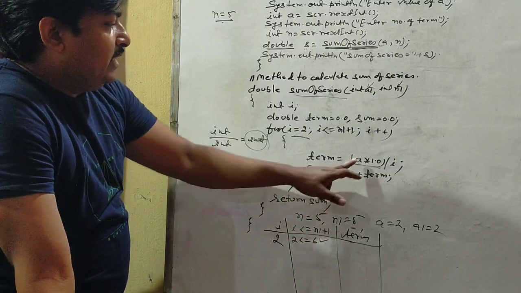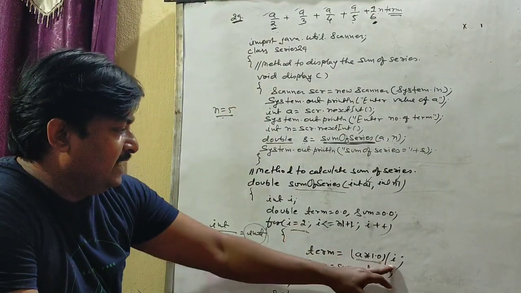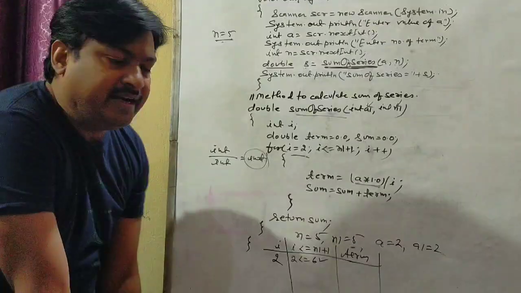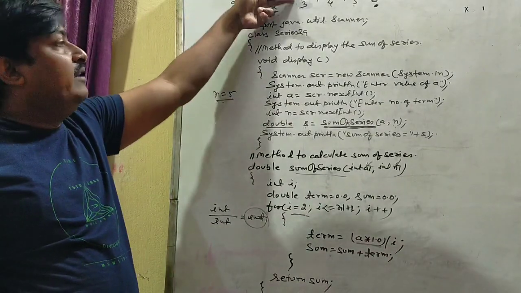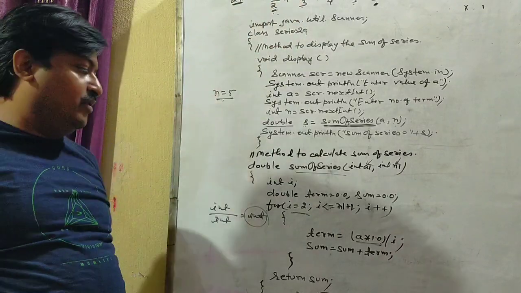So student, a is an integer and i is also an integer, so integer by integer results in an integer. But here the result may come in fraction, meaning a decimal value.